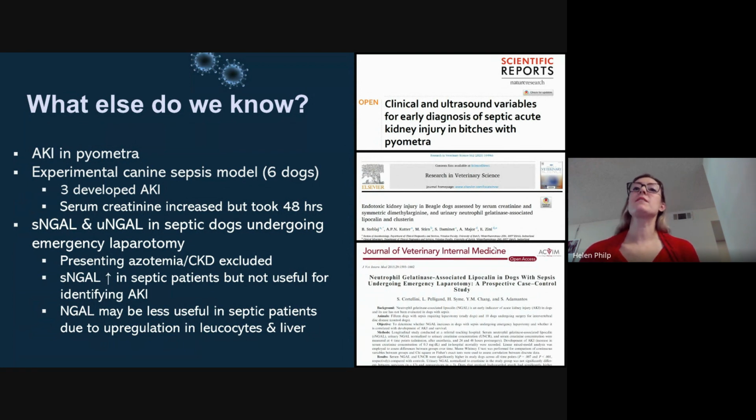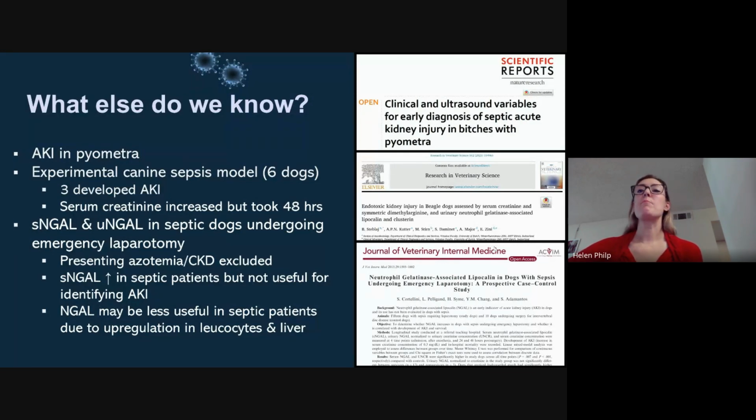There's a fairly recent 2023 endotoxin model in beagles where they literally inject endotoxin intravenously. And 3 of those 6 dogs developed AKI, and they really used a number of biomarkers to trend their development of AKI. And they found that serum creatinine did increase, but perhaps not surprisingly, it took more time than the others. So it took around 48 hours to see an increase.